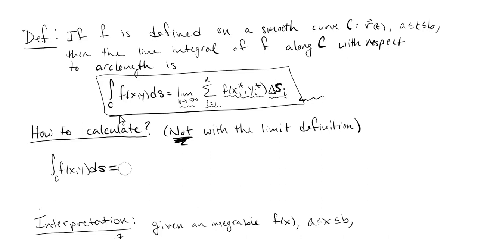We want an integral where we have our f of xy, but notice we want values of that when we're on the curve C, right? So instead of f of xy, let's say this is x of t, y of t, where our vector function has those components.